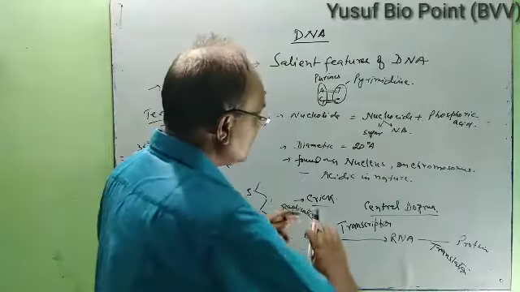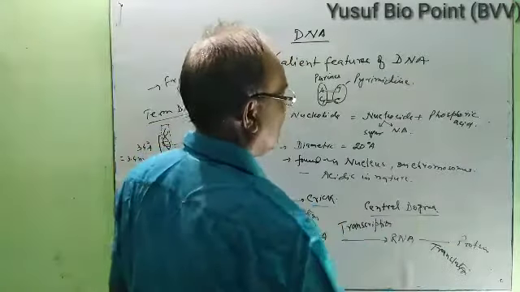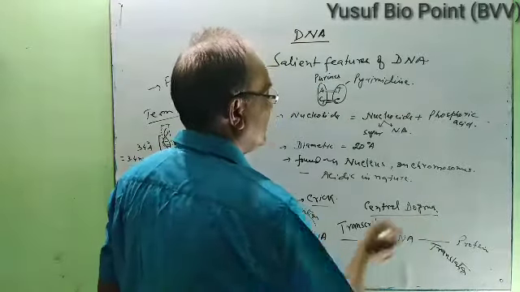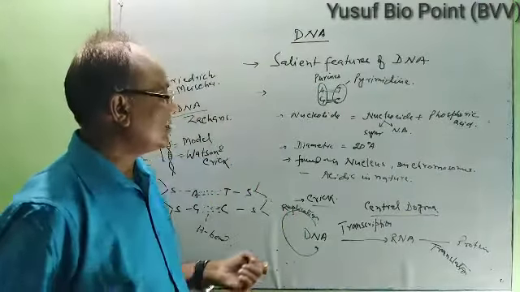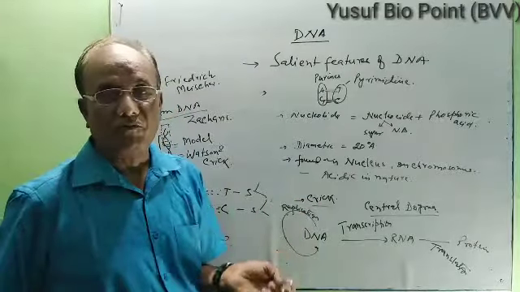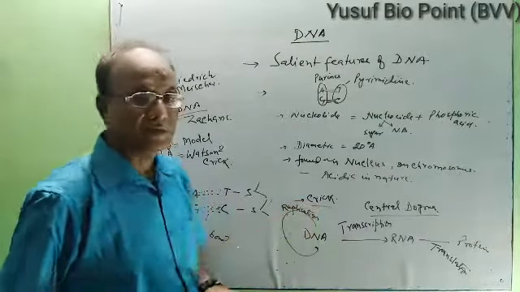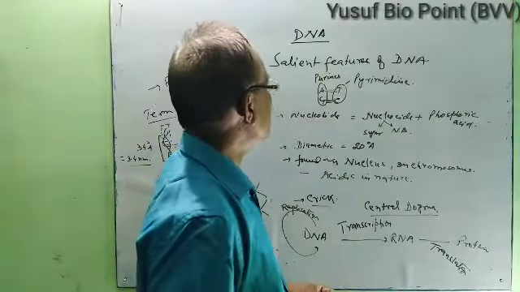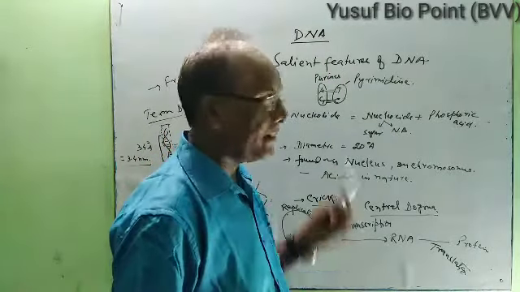This process, this idea or this structure, is known as the central dogma. It was given by Francis Crick. So these are some salient features of the DNA.